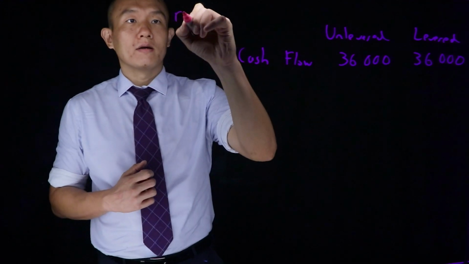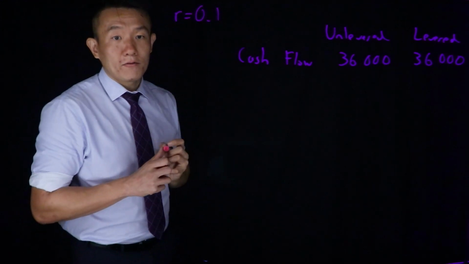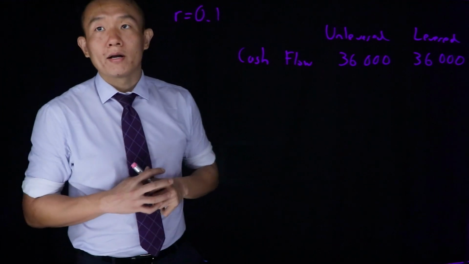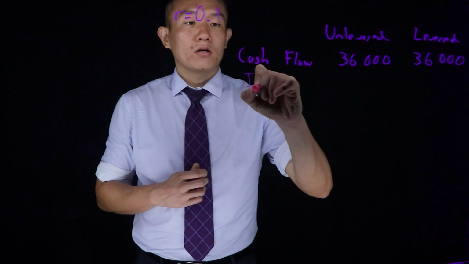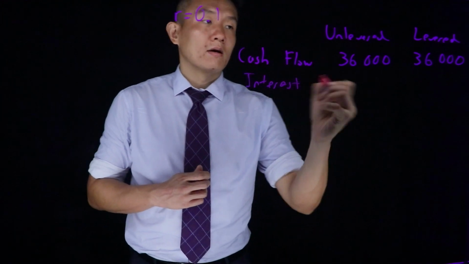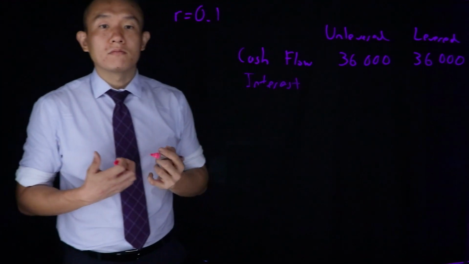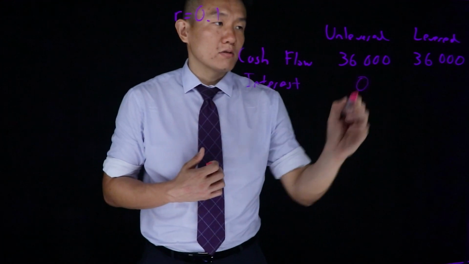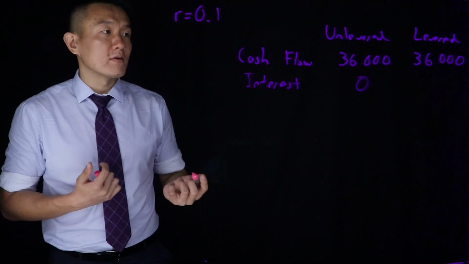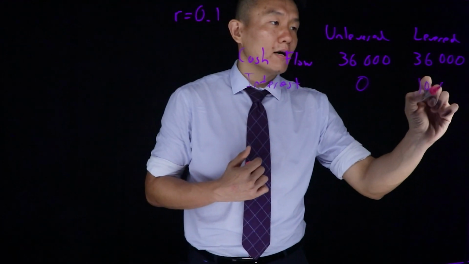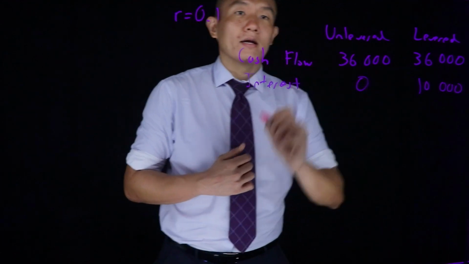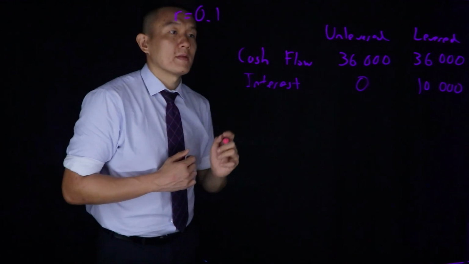And let's imagine that the firm has an interest rate of 10% on its debt. So in terms of interest payments, the unlevered firm doesn't have any debt, so it doesn't have to pay any interest. The levered firm has to pay 10,000 in interest, right? Because it had 100,000 in debt and an interest rate of 10%.